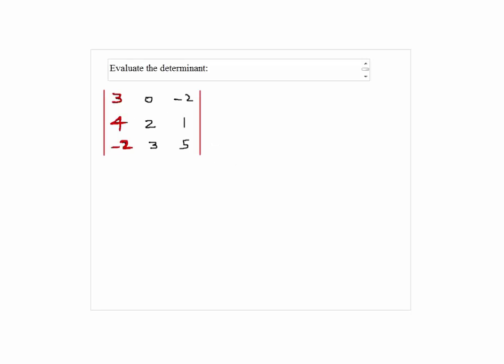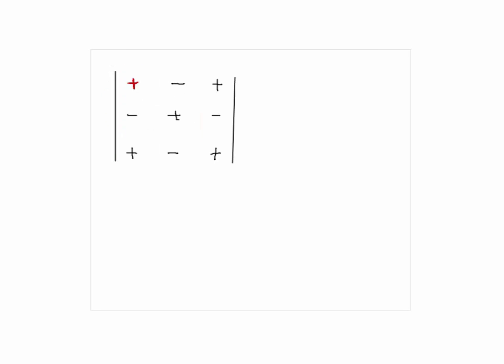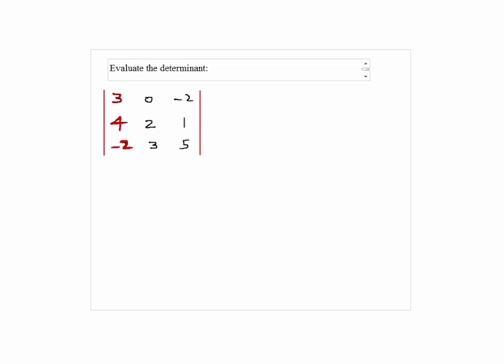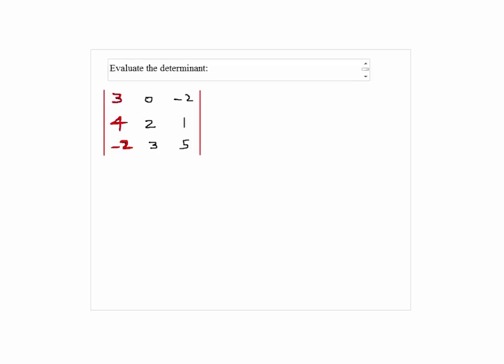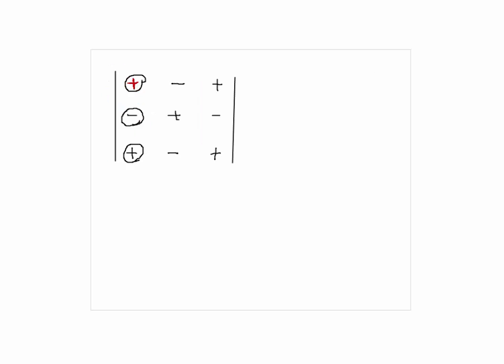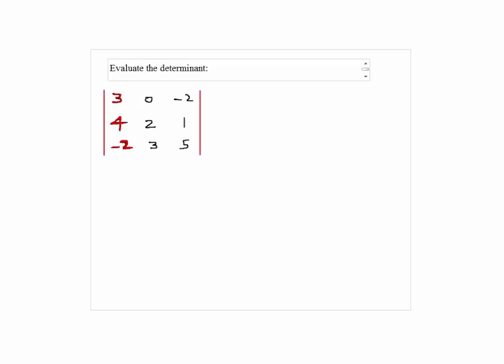So the sign of the next one is minus, this is plus, minus, plus, and so on. So you have to remember that. This is the sign that associates with each term here, which is not written here. So the sign for 3 is positive. The sign for 4 is minus. And the sign for -2 is plus. So you have to know that first of all.